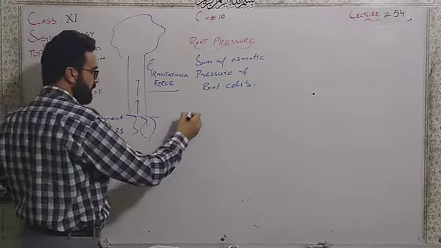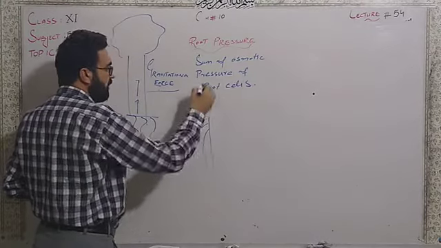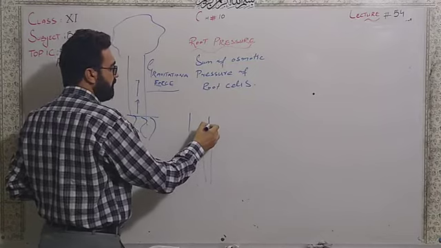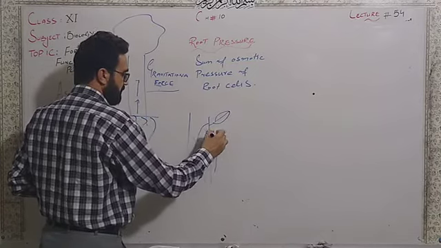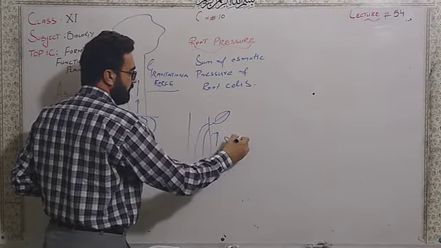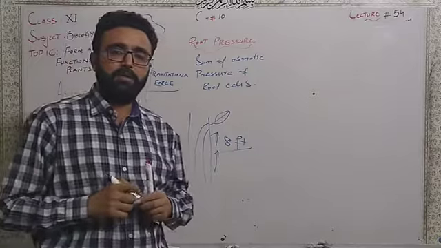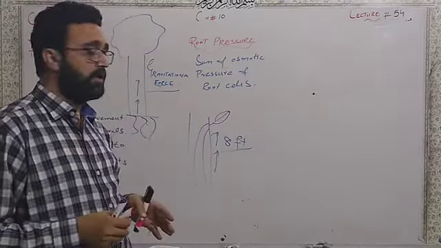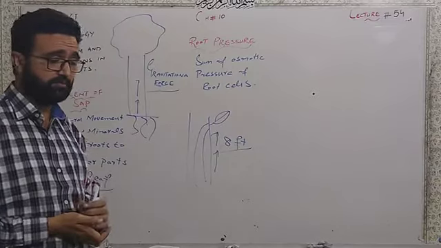But root pressure has a limitation: this collective osmotic pressure can only uptake the water up to 8 feet. So for small plants, this is suitable. But what about the different trees having 400 plus feet height?